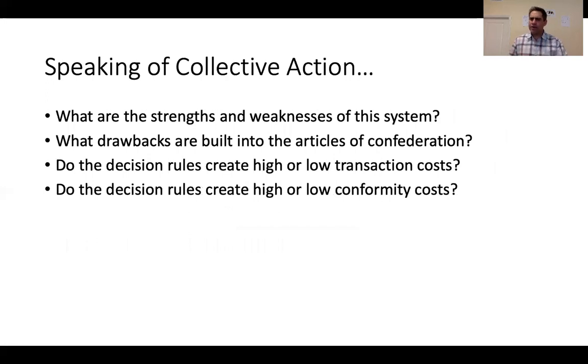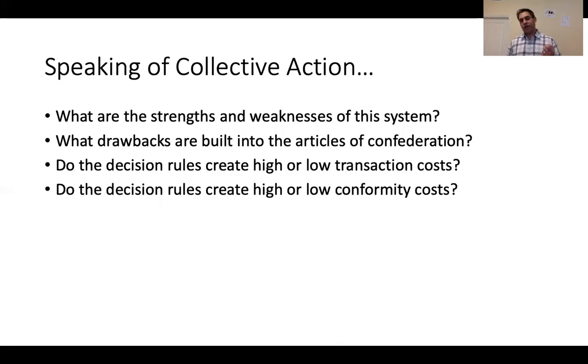Now we'll talk about this in more detail in our next lecture. But speaking of collective action, you should start thinking right now about what are the strengths and weaknesses of a government established like it was under the Articles of Confederation. What drawbacks are embedded or built into this new national government? Do the decision rules of the Articles of Confederation create high or low transaction costs?